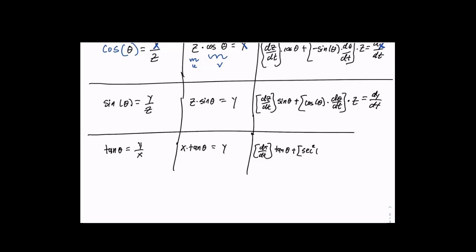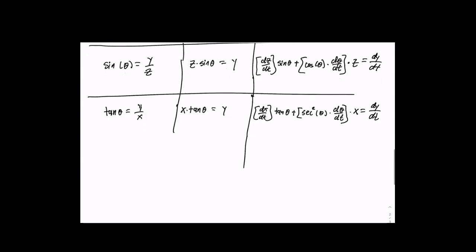Remember that you guys, you cannot just say the trig part. You need to finish it up. Secant squared of theta times d theta dt. It's not a fraction. I keep trying to fix you guys on that. d theta dt times x equals dy dt.